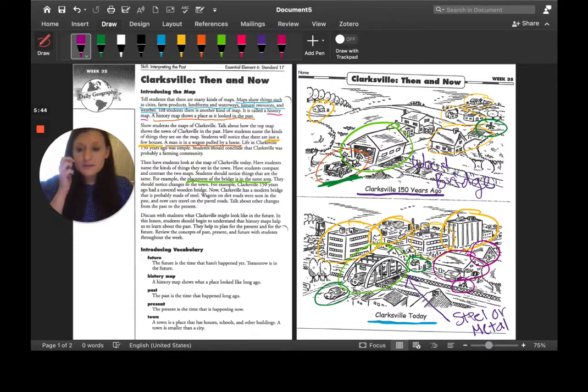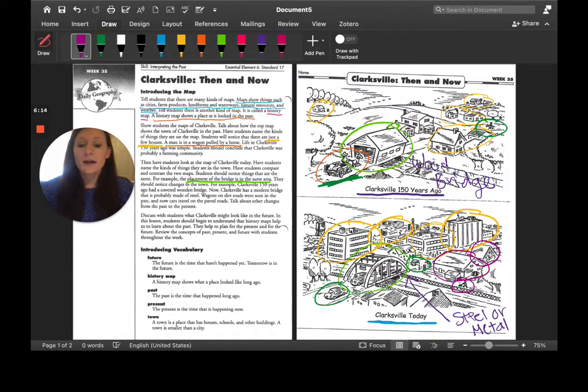We talked about the past and the present, so now let's talk about the future for a second. What are some things that we think we might see in the future of Clarksville? Some people might joke and say, maybe one day we'll have flying cars, or cars that drive themselves, or very smart, energy efficient buildings.